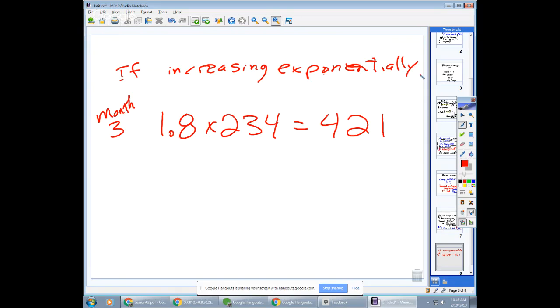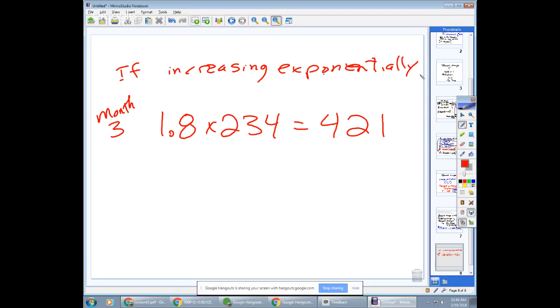So what you're going to do is make 2 models, one showing linear growth, always going up by 104 cases, and one always increasing by 80%. And then you're going to answer some questions on which seems more reasonable, linear growth here or exponential growth. So take a look at the questions you need to answer there.